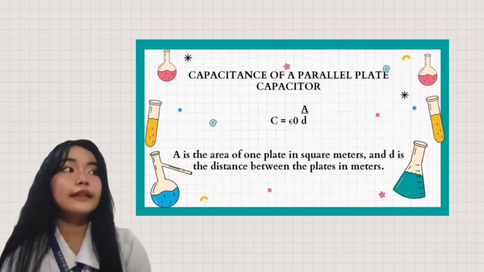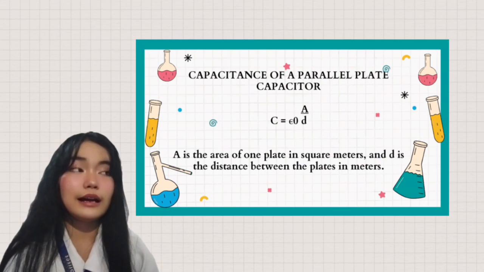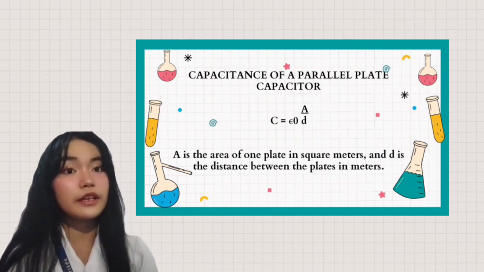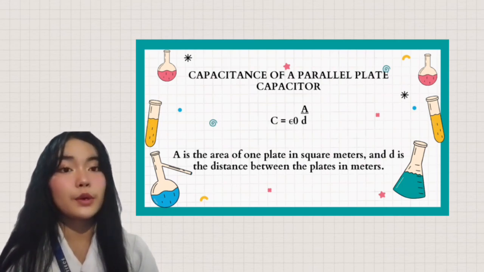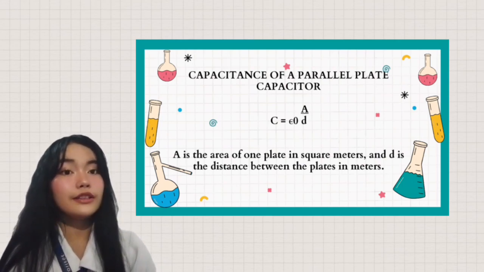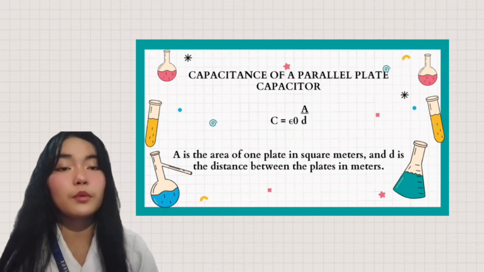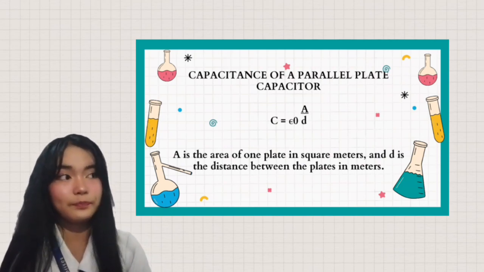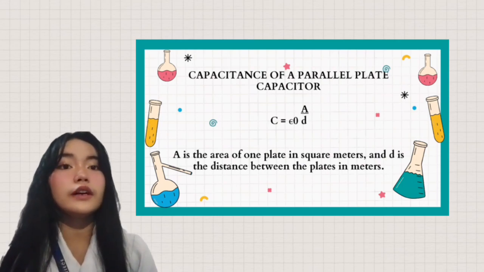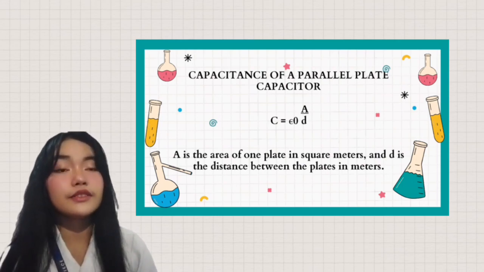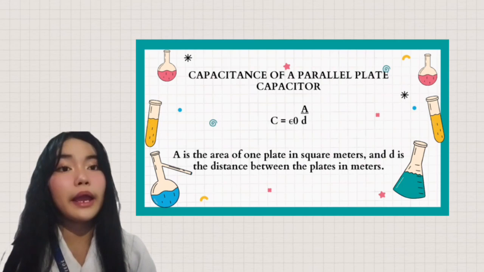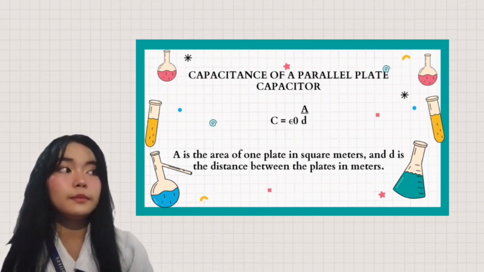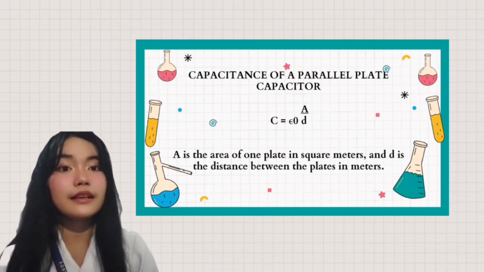So, this formula tells us the capacitance of a parallel plate capacitor is directly proportional to the plate's area, A, and inversely proportional to the distance between the plates, d. The constant epsilon naught reflects the permittivity of the space between the plates, which is a physical constant.